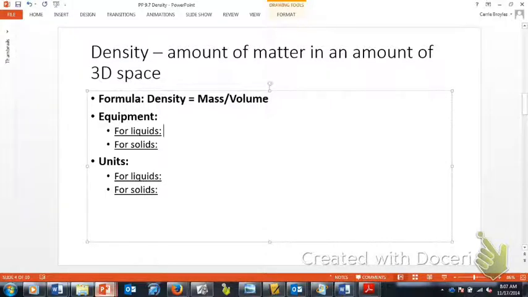When we talk about the equipment that we use for measuring densities, once again, it depends on whether you're measuring the density of a liquid or for a solid. So if we're looking for that of a liquid, we will always use a balance scale regardless of whether it's a liquid or a solid. But we will also have to use a graduated cylinder. Just like we talked about up top, when we measure liquids, we have to use a graduated cylinder. For solids, that is going to be, once again, a balance scale because we want to measure the mass of it.